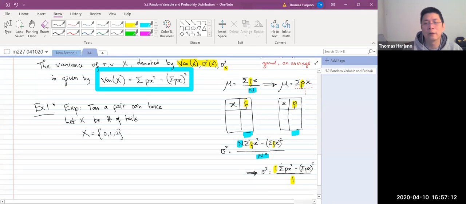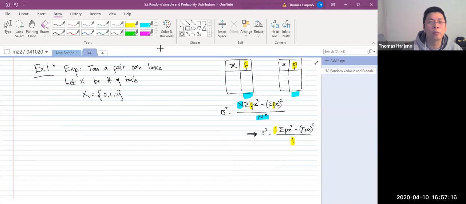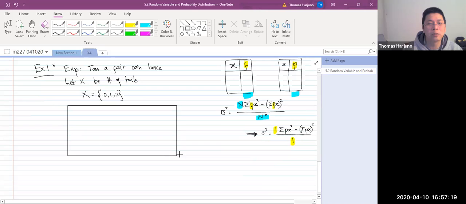We got the probability distribution earlier. You can just look back.